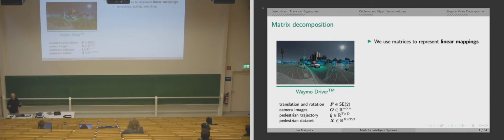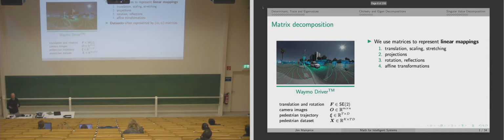So you can do that for translations, for scaling, for stretching. We also saw how we can use matrices to represent orthogonal projections, but also rotations and reflections, and affine transforms. This was at the end of the lecture.